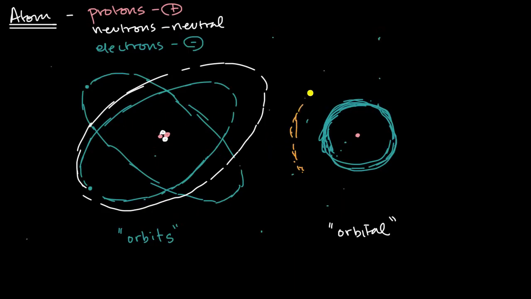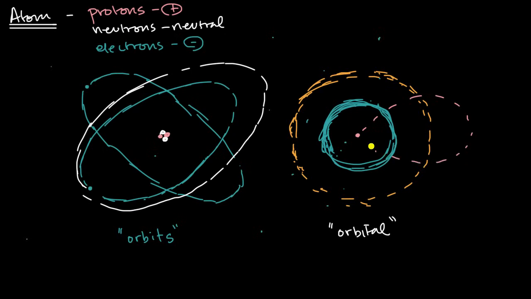And so now 90% of the time it's going to be found in this shell right over here. And then if you were to give it the right boost of energy, once again, just a little bit won't do. You have to give it enough so that it jumps into the next energy level. Then it might form these weird patterns that look kind of like dumbbells, where 90% of the time you can view it as being on the orbital that looks kind of like that dumbbell shape.